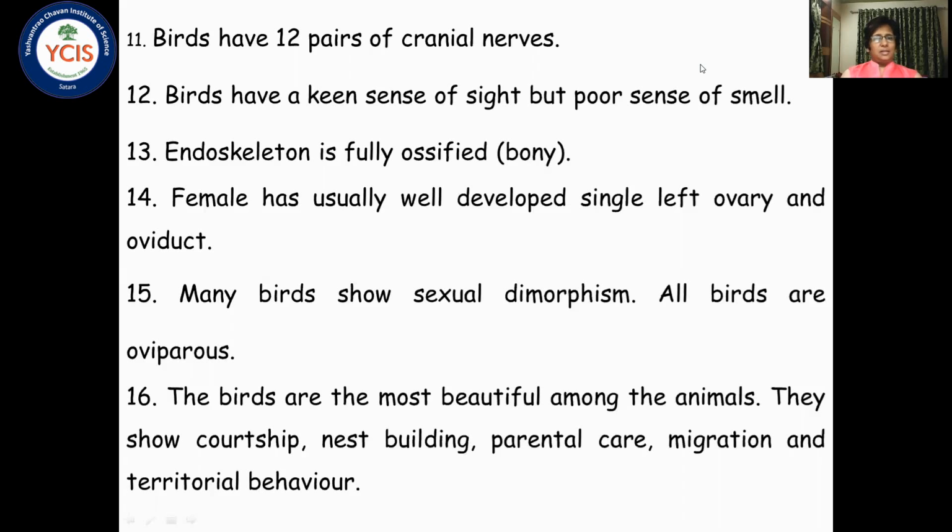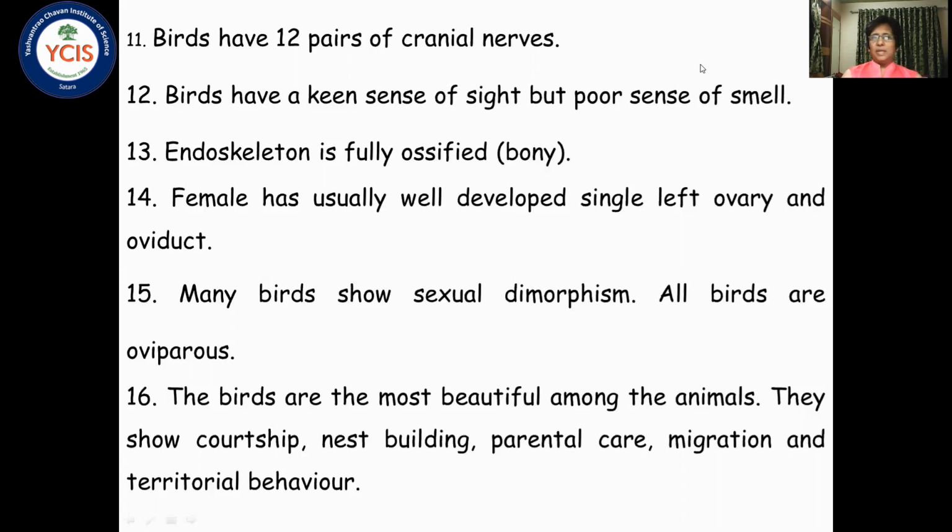Next one, endoskeleton is fully ossified. Ossified means bony. The long bones are hollow with air cavities, meaning the bones are pneumatic to reduce the weight. Then there is no bone marrow, and the skull is monocondylic.